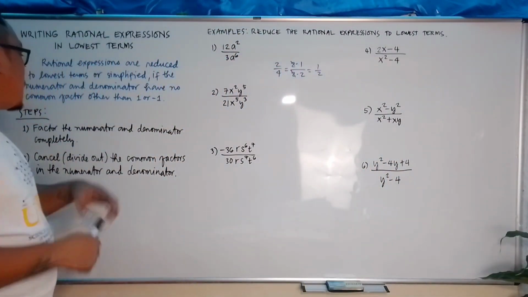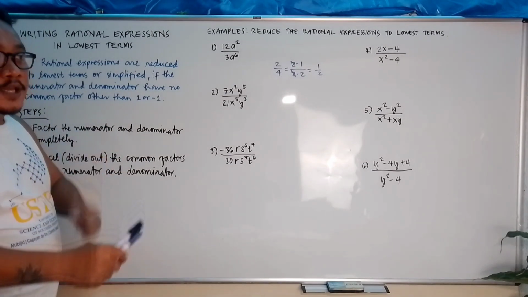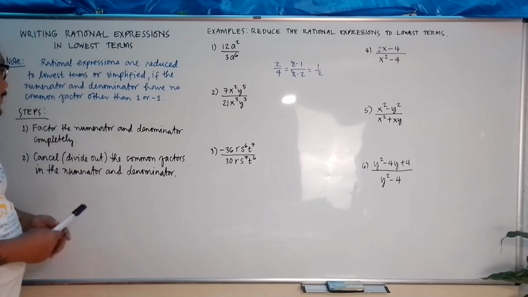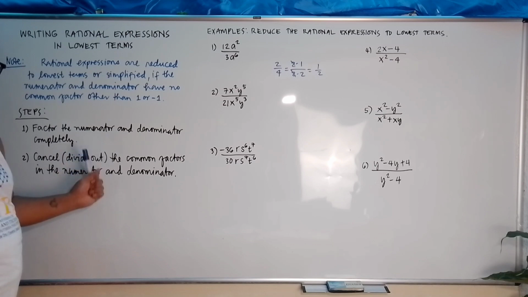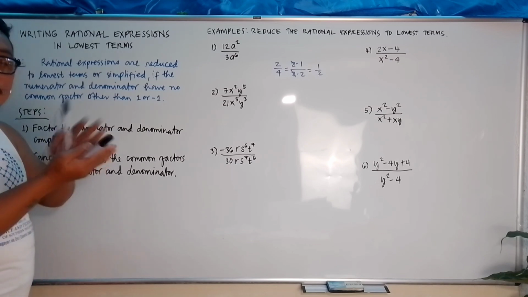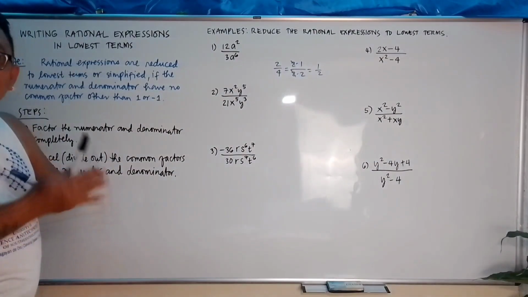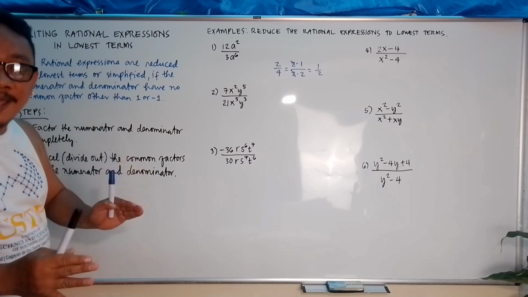Okay. Now, we have here some steps to follow in reducing rational expressions. Number 1, factor the numerator and denominator completely. So, we need to factor the numerator and the denominator so that we can see what is common in the numerator and denominator.